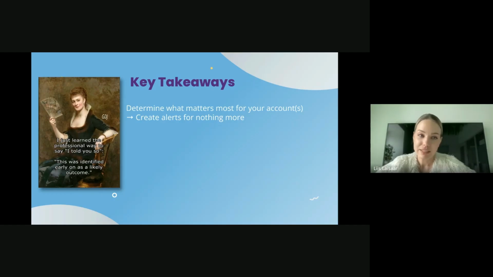So basically, the key takeaway from today: determine what matters most for your account or accounts and create alerts for nothing more and nothing less. We don't want to be overwhelmed by emails and then end up ignoring all of them and missing key insights.